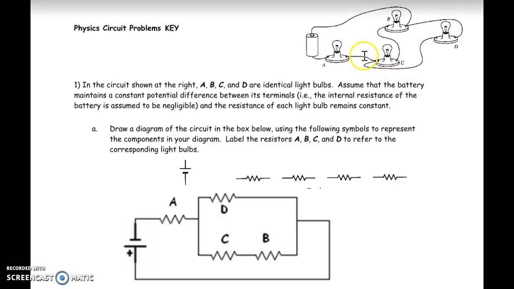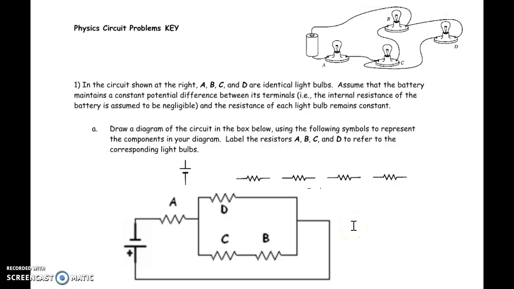Then everything comes back together right here, and all of the current goes through A. There are other ways to draw that, but make sure that's what's happening: B and C are in series with each other, but in parallel with D, and then all of the current joins again to go through A.